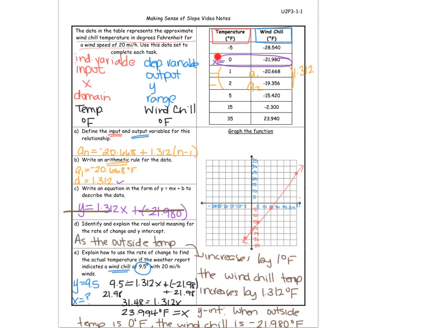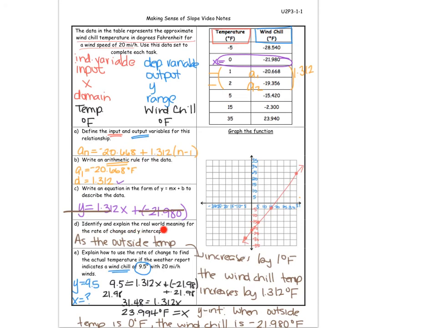Our input was our outside temperature. Our wind chill was what the temperature feels like with a wind of 20 miles per hour. We wrote an arithmetic formula, an arithmetic rule, so we can find the wind chill for any outside temperature. Then we wrote it in slope-intercept form.